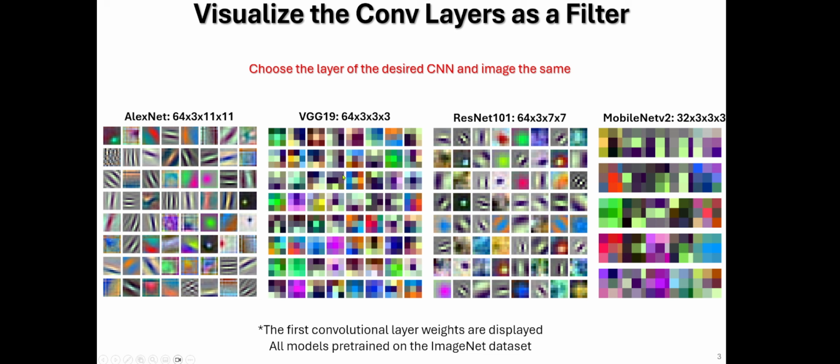Because if we visualize a 3 cross 3 kernel as an image, it looks like 3 cross 3 pixels, right? So we don't get much information out of it. Same is the case with MobileNet, where the kernel size is 3 cross 3, whereas ResNet has a slightly better 7 cross 7 kernel size, and we are able to see a similar trend as in the case of AlexNet.